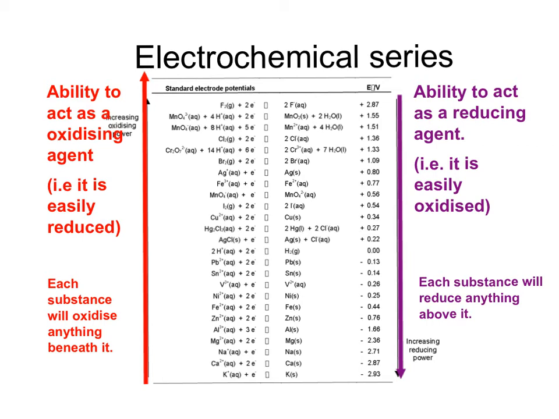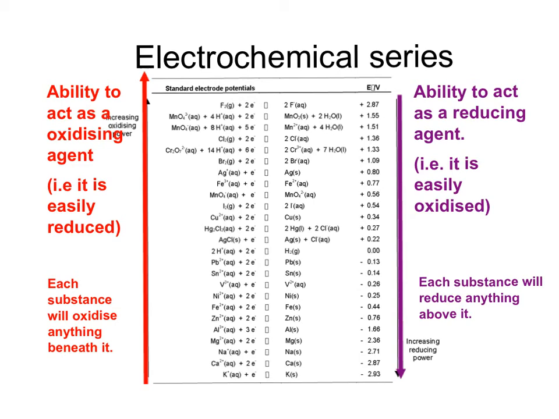Now, we're going to start on the left, and we're going to add the arrow up the left, and we're going to notice that as this electrode potential becomes more positive, the ability to act as an oxidizing agent increases. And remember, an oxidizing agent has to accept electrons, so the oxidizing agent itself will be reduced.